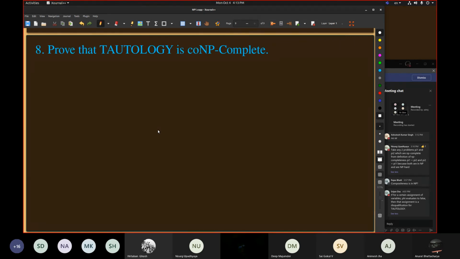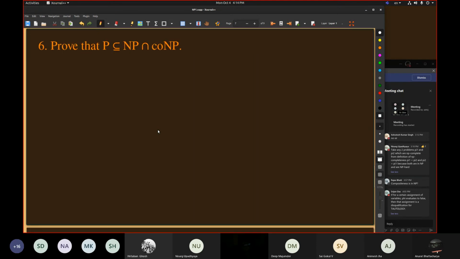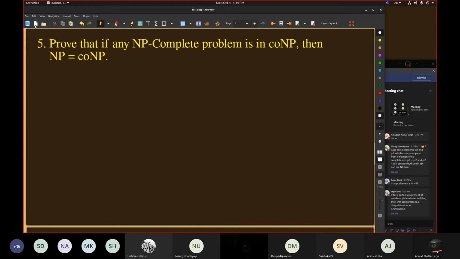And this is the final plan, proving that tautology is co-NP complete. So these are my plan. If I cannot complete this, of course, I have not set up my mobile data to work for the moment, so it may be difficult if the power does not come back.